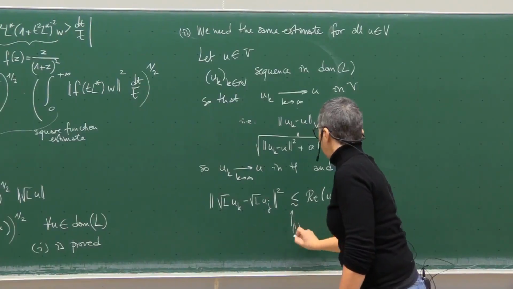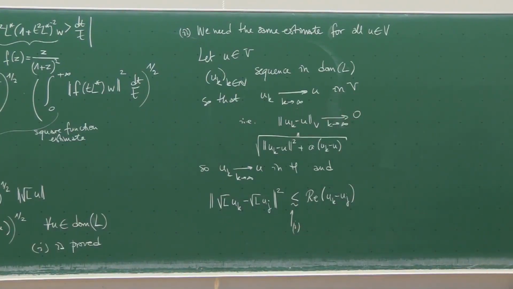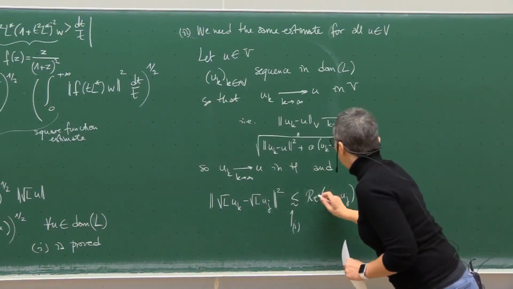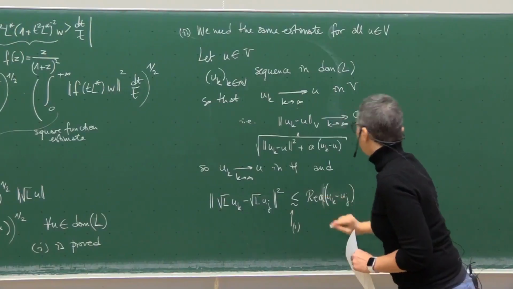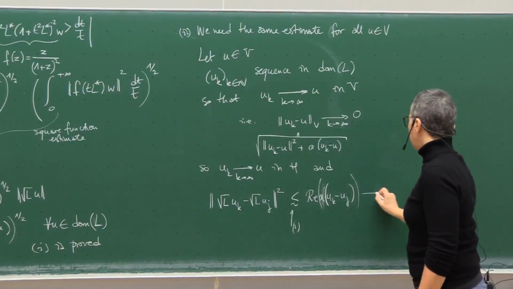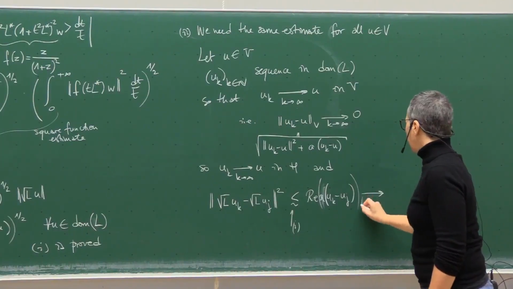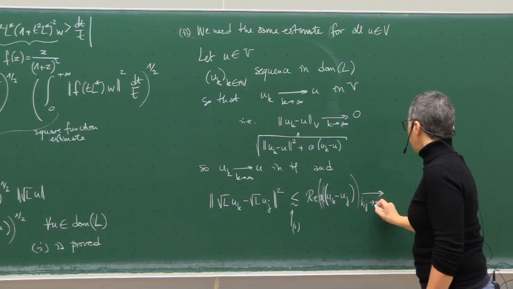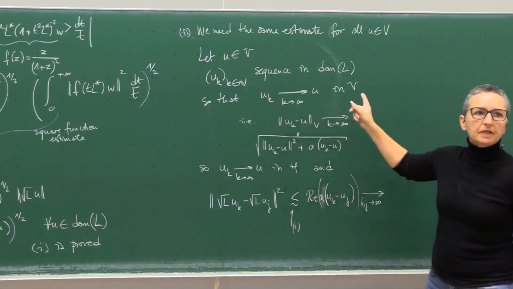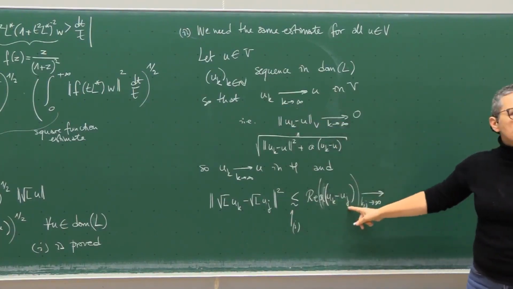This is by the point I, because uk and uj are both in the domain of L, so I can apply what I just proved for all u in the domain of L. And this, as k and j go to infinity, since we know that uk is convergent in V, goes to 0.